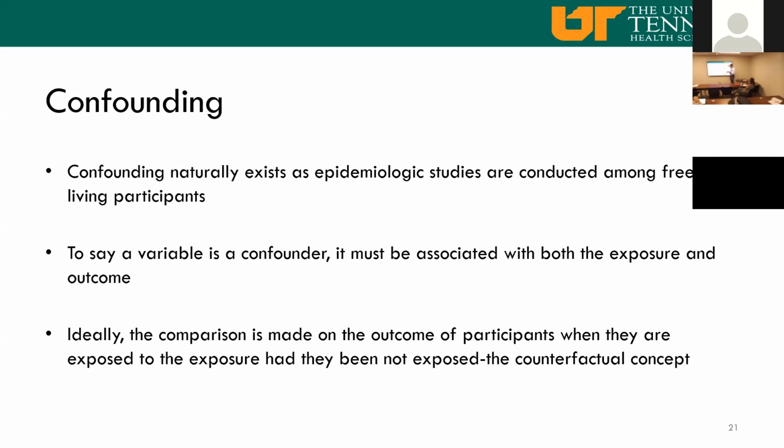So only randomized controlled trials can resemble a counterfactual concept. It can evenly distribute the confounders between the compared groups because the participants are randomly selected. Some epidemiological or statistical techniques can mimic the counterfactual effect.